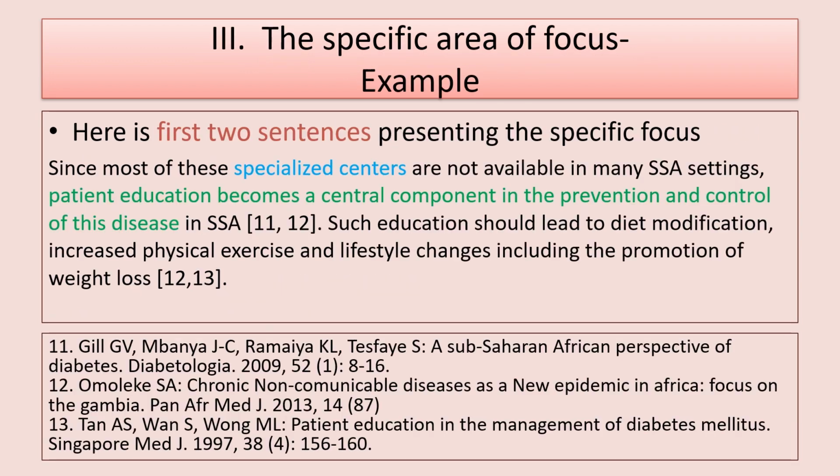The specific area of focus example. Here are the first two sentences presenting the specific focus. Since most of these specialized centers are not available in many sub-Saharan Africa settings, patient education becomes a central component in the prevention and control of this disease in sub-Saharan Africa.